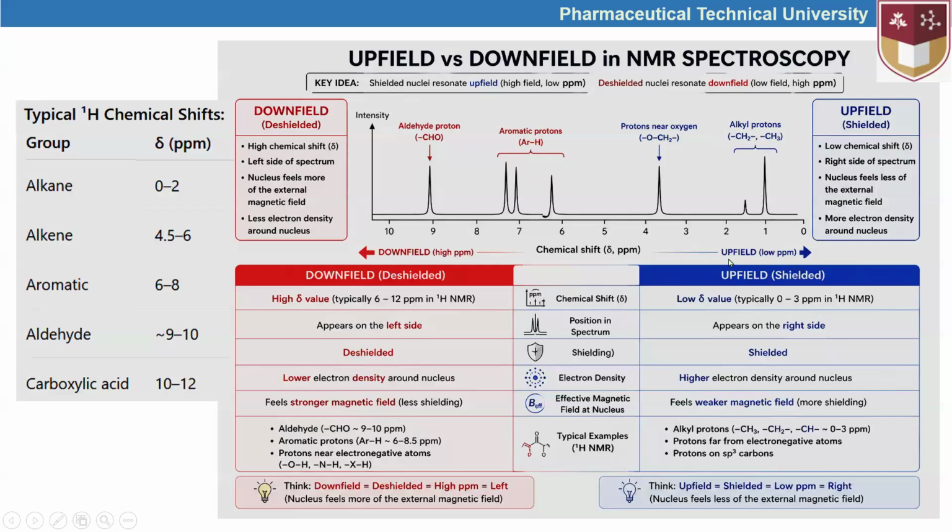Okay, from this point of view, the electron density of this carbon is attracted by the oxygen, and the electron density of this carbon is smaller than the electron density of this carbon. That is why this carbon tries to attract more electron density from these two carbon atoms. Okay, so the electron density of these carbon atoms is smaller than the electron density of these two. I mean, the electron density of these hydrogen atoms is smaller than the electron density of these hydrogen atoms.